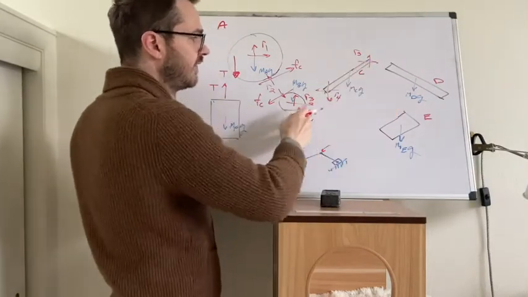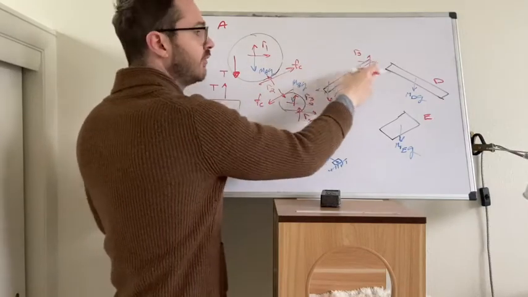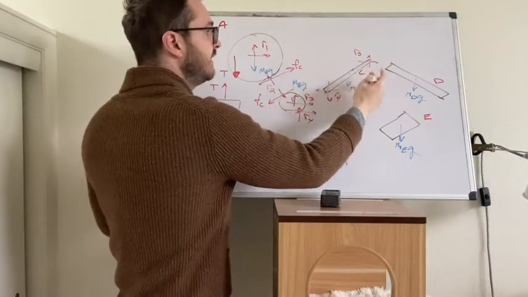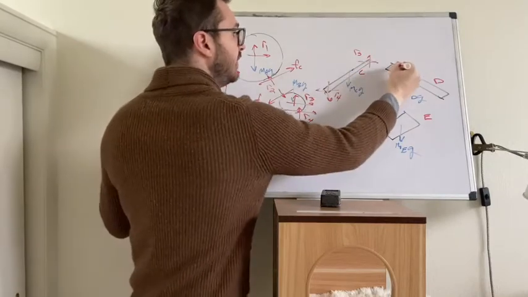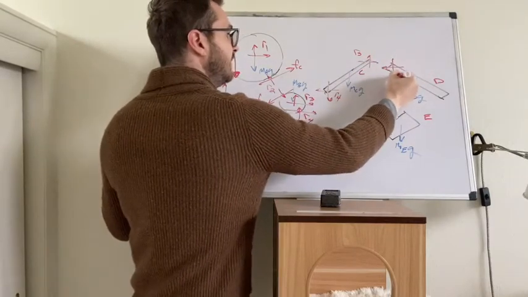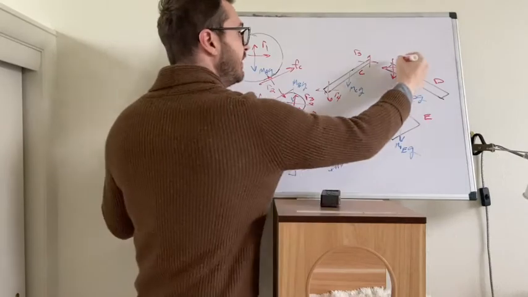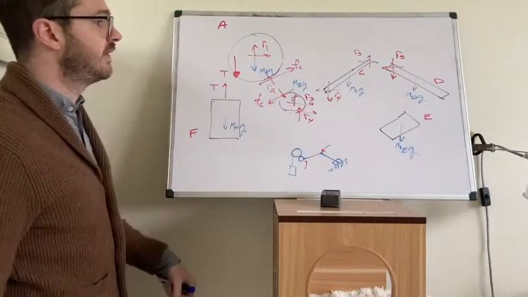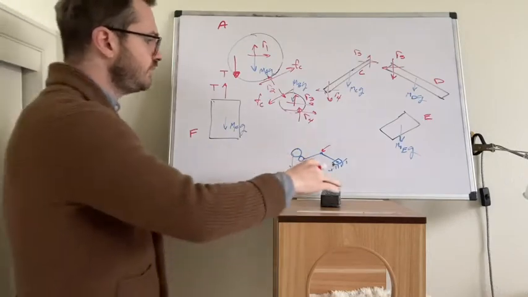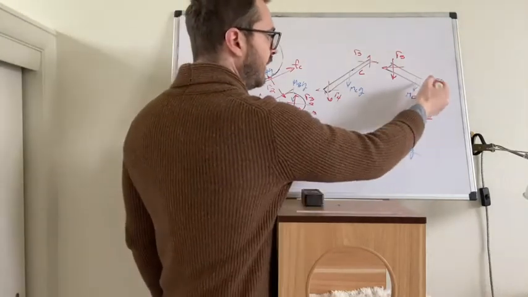As we saw with the previous one, this pin joint is shared by body C and D. We called it R5. It's to the right and up. So here on body D, it is to the left and down. This is R5, the same R5. Okay, what else? We got gravity.